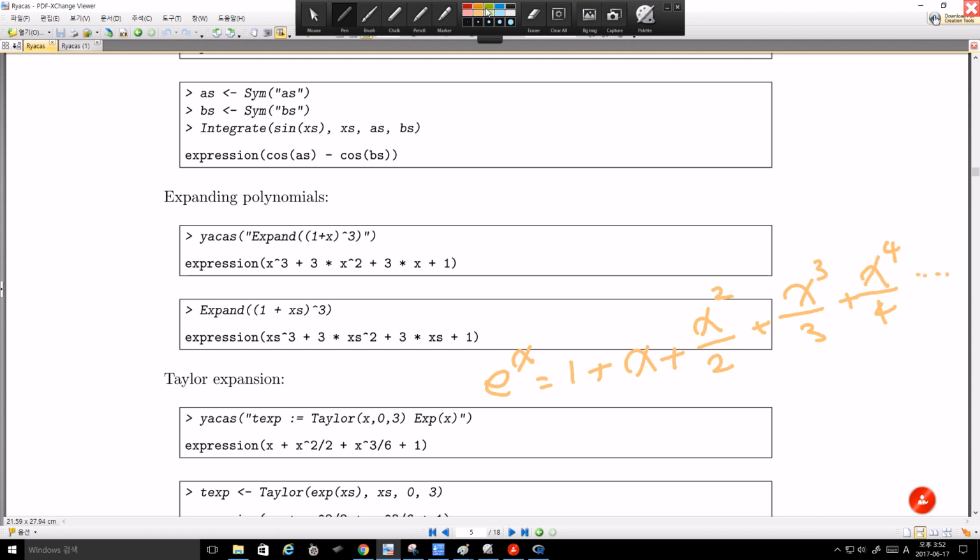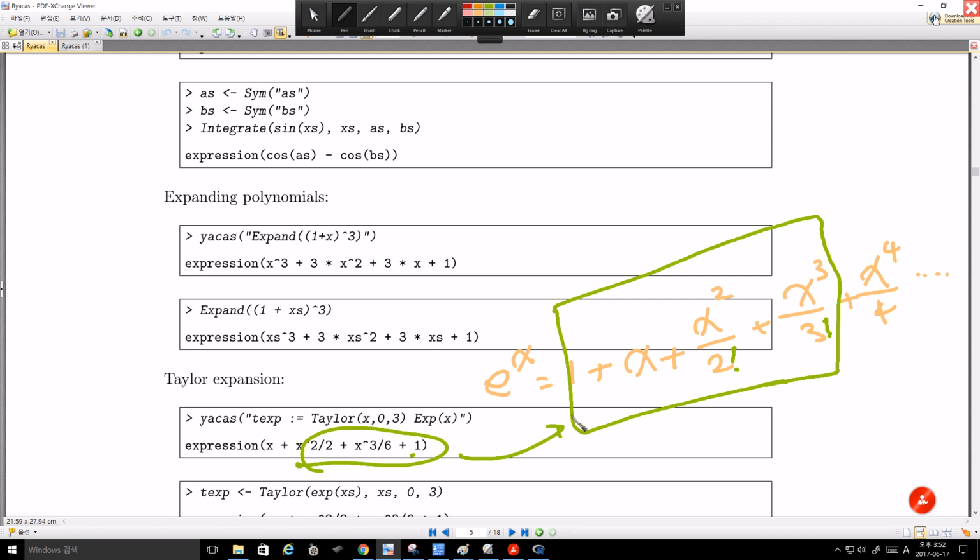And then if we are interested in Taylor expansion up to the third order, actually we need factorials over here, then it is this one, right? This is the same as this one, third order. So let's run this one.